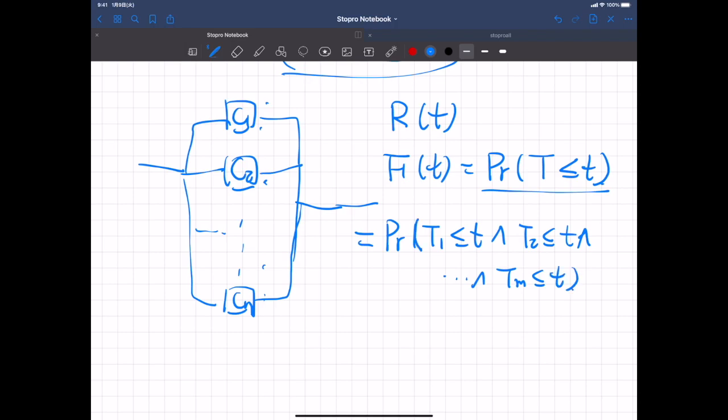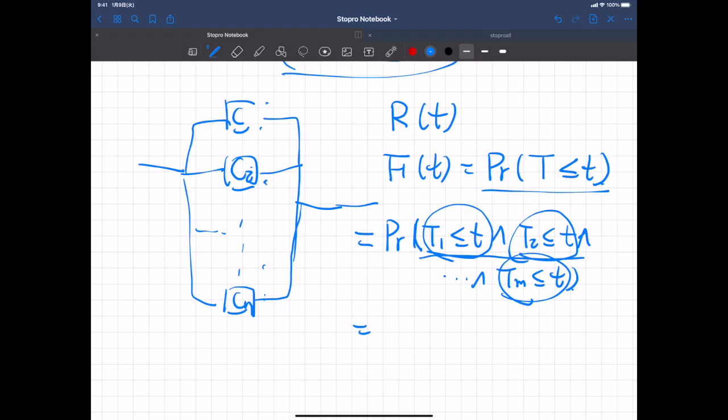Because in this parallel system, even if some of the components are broken, if other components are still working, then the system doesn't stop. The system as a whole does not fail. So if the whole system should fail, then each and every component should fail. So that's what this means. Okay.